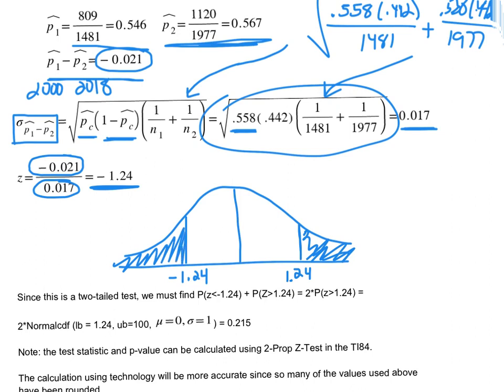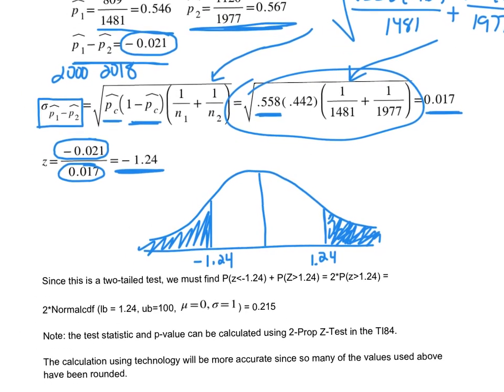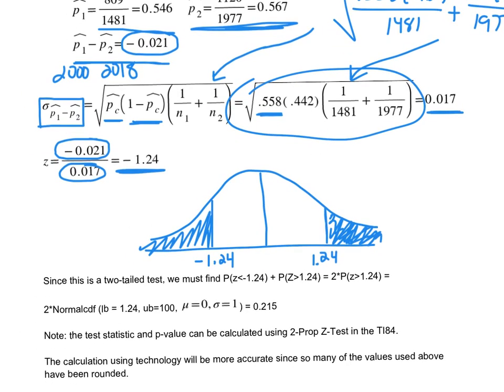This is a two-tailed test. These are our critical regions. What's the probability that we would be at least that extreme in both directions? And that's done with a normal CDF. And you'll see here it's being doubled because it's two-tailed.